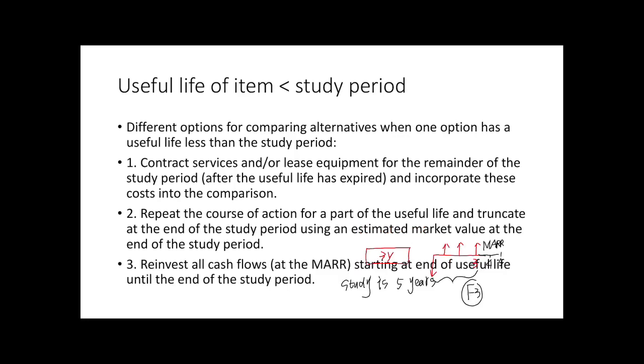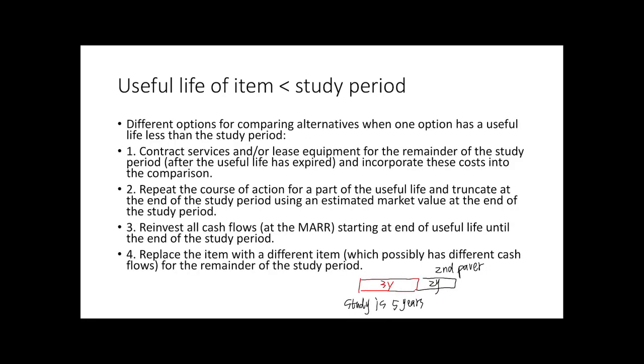Or you can let the alternative run for one cycle, then stop using that alternative, calculate all the cash flow at that time point, and reinvest it in another business at the MARR. The fourth method is to replace the item with a different item, but that second item should be useful for the remainder of the study period, which is very hard to realize.